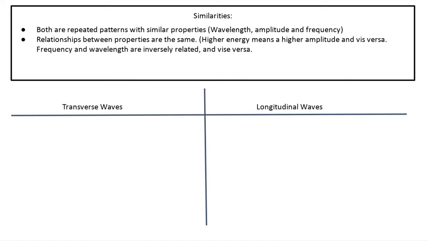A low energy means a low amplitude. Frequency and wavelength are inversely related, and vice versa. So if frequency is increased, then the wavelength will be short. And if frequency is decreased, then the wavelength is going to get really long. And that's true for both of these types of waves.